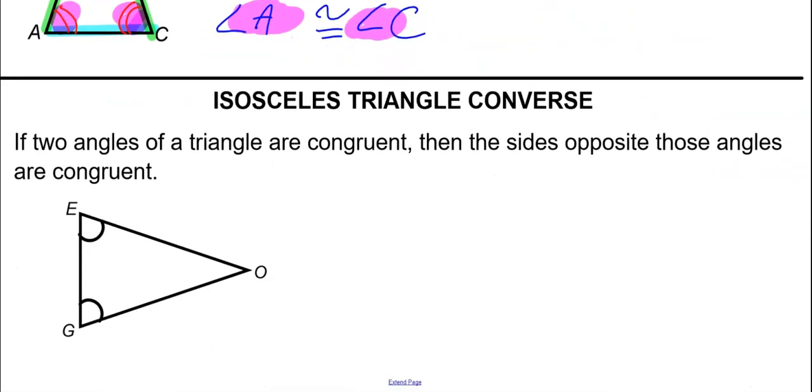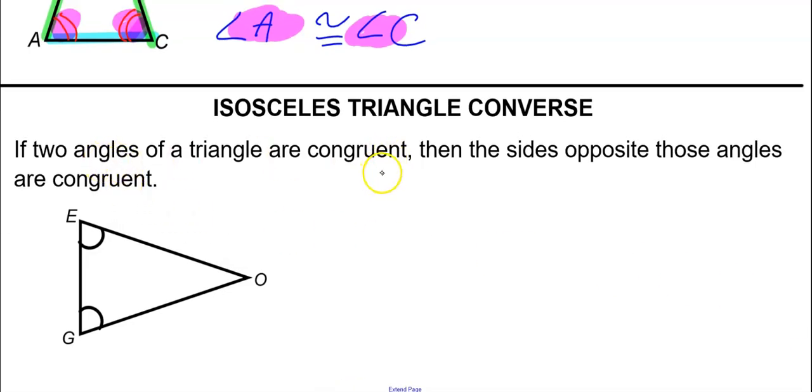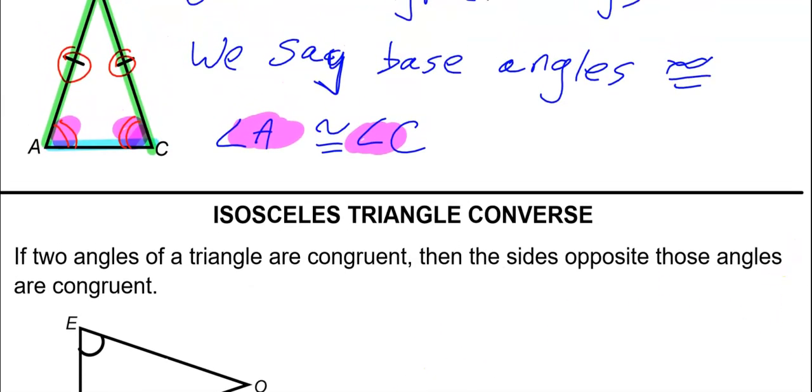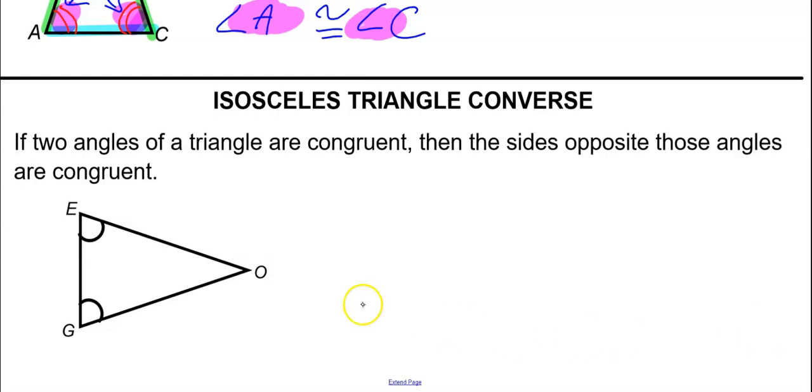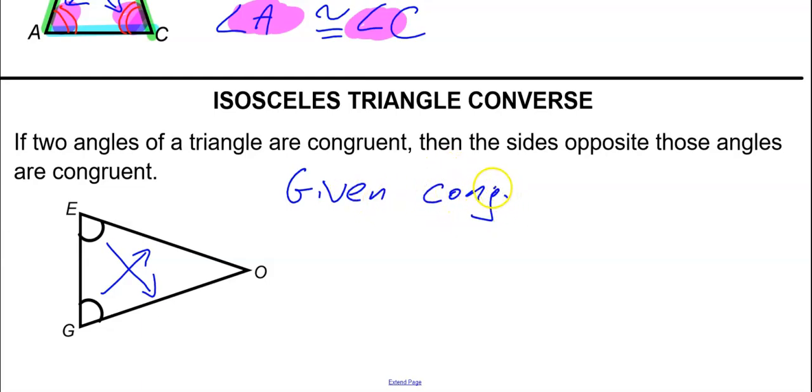The converse of that says if two base angles are congruent, then the sides opposite those angles are congruent. We know which angles we're talking about too, because you can draw angles out from the sides like this. They point at the opposite angles. So two angles are marked congruent. I know these two sides have to be congruent as well. So we are given congruent base angles, the two angles that touch the base.